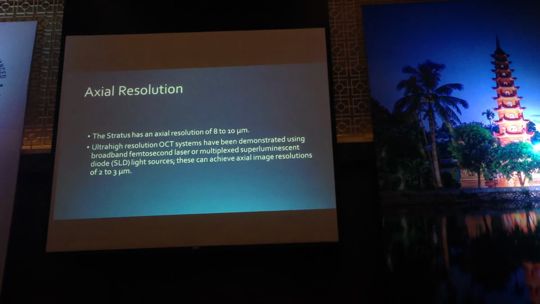This is an example. The standard time domain has an axial resolution of about 10 microns, as I showed you earlier. The ultra high resolution OCT system uses a broadband femtosecond laser, and as I showed you earlier, you can have an axial image resolution of 2 or 3 microns. This is higher than the SD OCT that we normally use today.